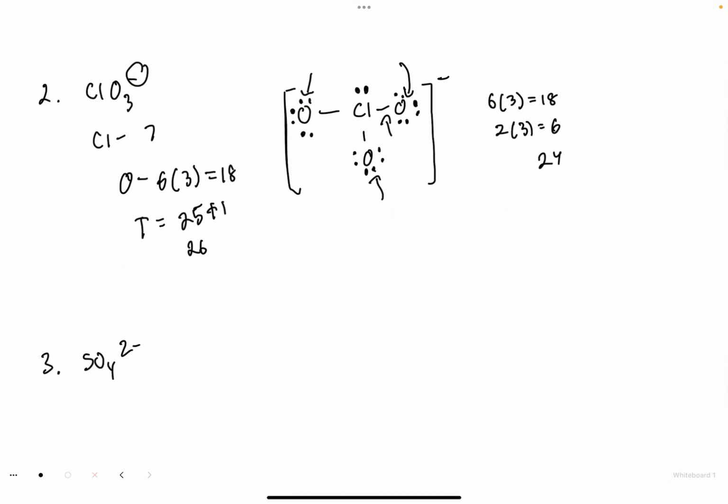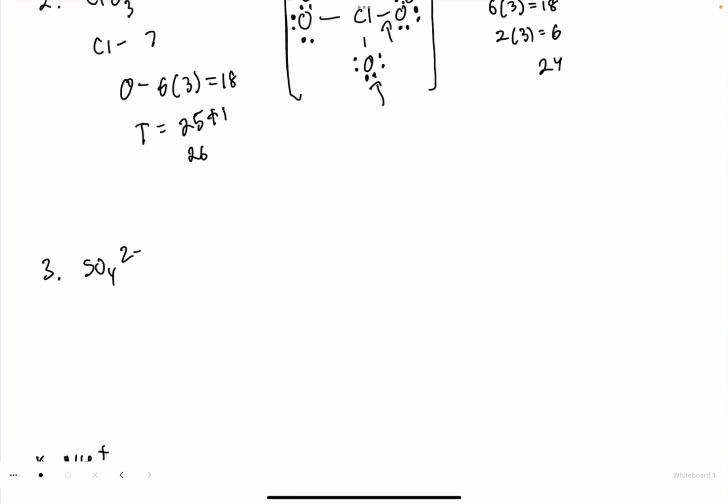So the next example that we have is sulfate, and we have a -2. Let's count how many valence electrons we have. Sulfur is going to be 6. Oxygen again has 6 valence, times 4 is 24.